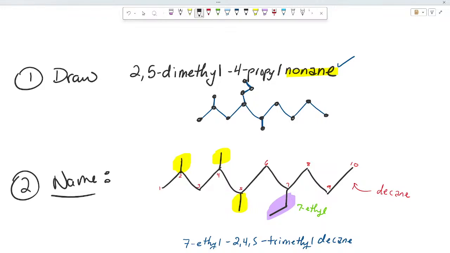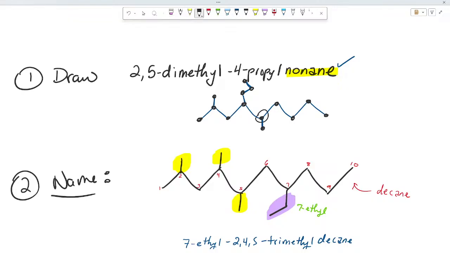And then keep in mind, everywhere we haven't drawn a bond will be a hydrogen, because every carbon will make how many bonds? 4. So there'd be 3 hydrogens here. How many here? How many hydrogens here? 2 is correct. What about here? 2. Good. What about here? 2. Great.